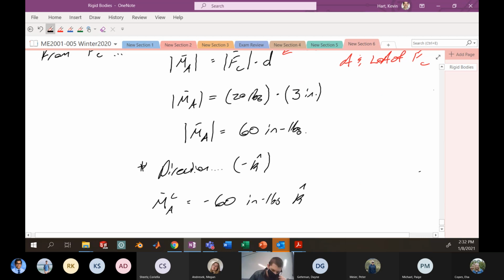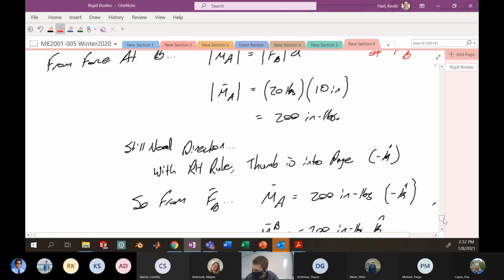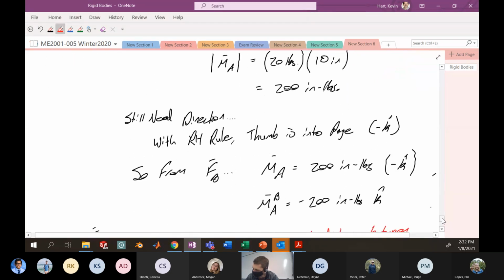And we can see that this is exactly what we got with the traditional method. The contribution to the moment at A from C was negative 60 inch-pounds, and the contribution to the moment at A from the force at B was negative 200 inch-pounds.